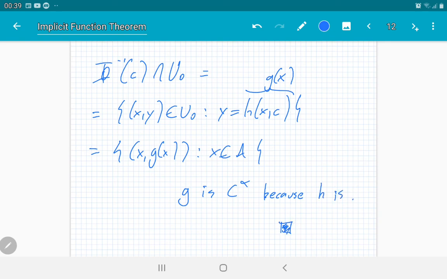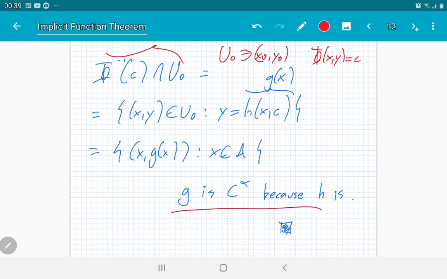And that's the end of the proof, because that's what we wanted to show. We wanted to argue that locally, around this neighborhood of x naught, y naught, phi minus 1 of C, the preimage of C under phi, the set of solutions to the equation phi of x, y equals C, has the form of a graph of a function. We just found the function is C alpha as we wanted it to be.